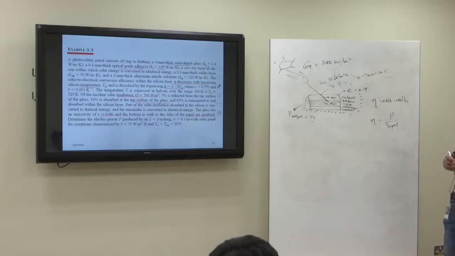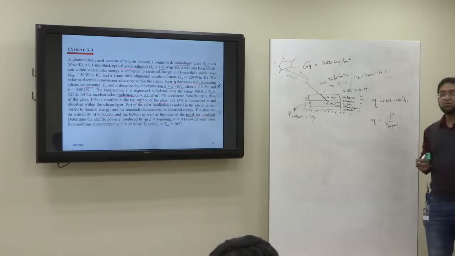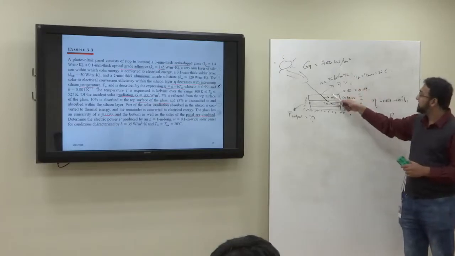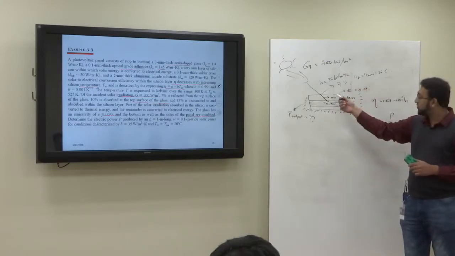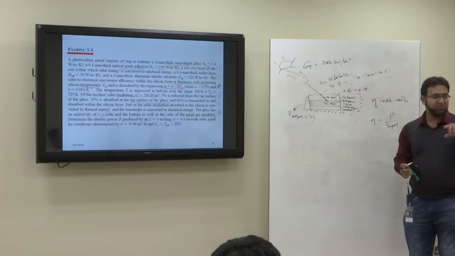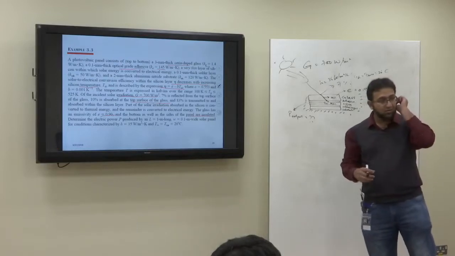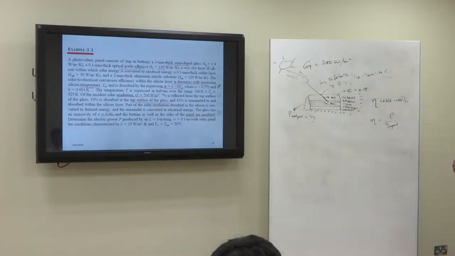Now input is what? Input is the amount of energy which falls on the silicon layer. 7% reflected, 10% absorbed in the glass, so 83%, all from the 700. So 83% is the input energy which is falling onto the solar collector, right?